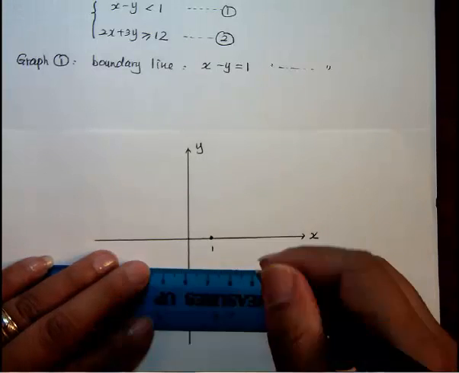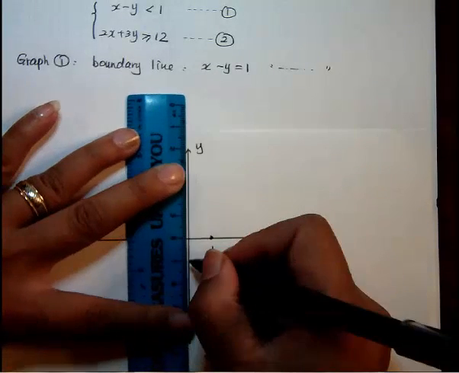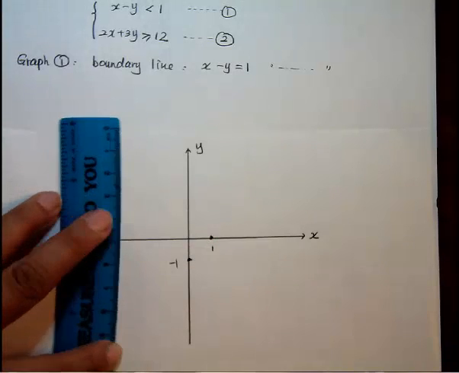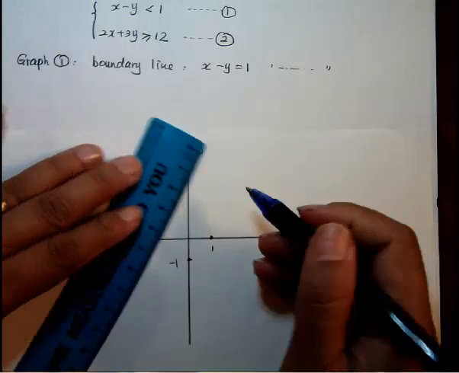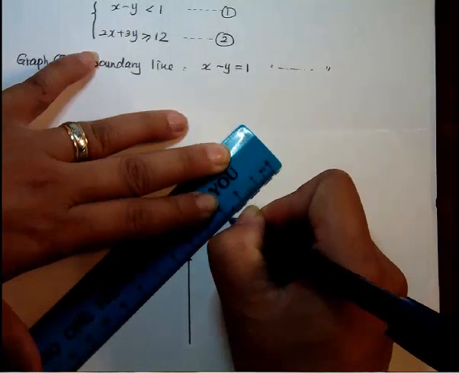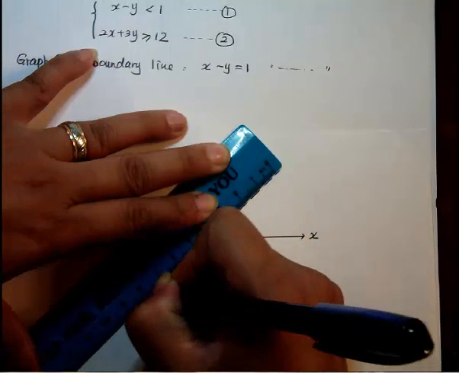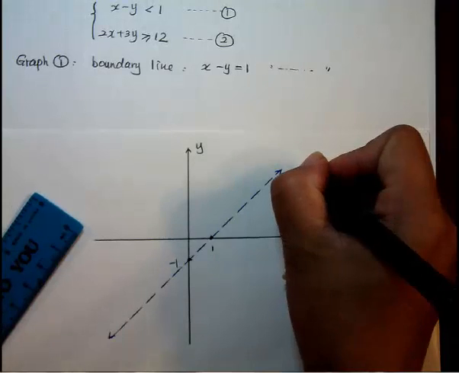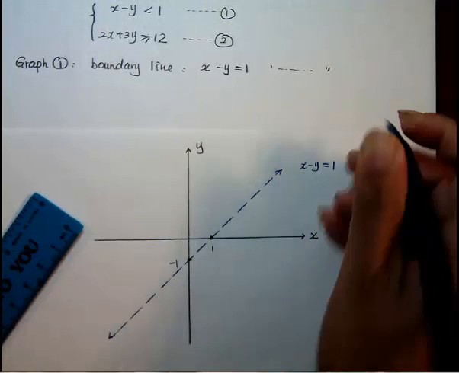When x equals 0, y equals negative 1. So the first one, I'm going to use blue color. That will be this line. This is x minus y equals 1.